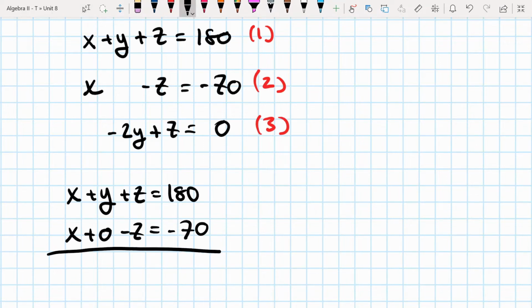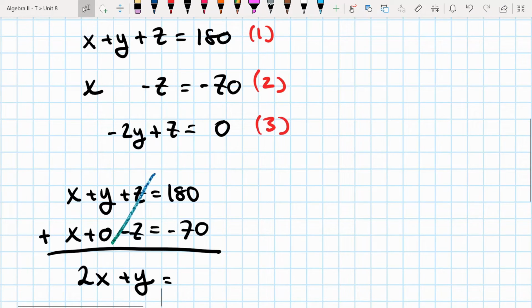And let's add these together. If we add these together, 2x plus y, the z terms here will cancel out. And so we've eliminated that variable. And the constant on the right-hand side is going to be 110 in this case.